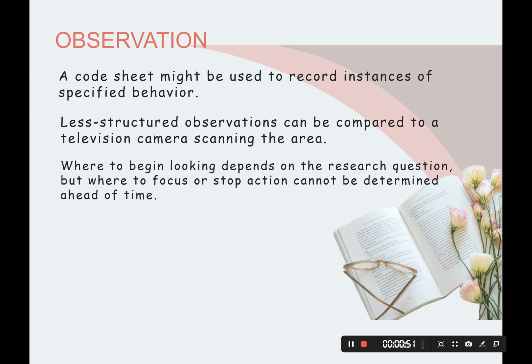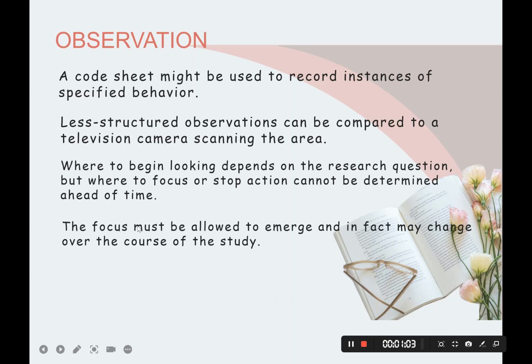And where to begin looking depends on the research question, but where to focus or stop action cannot be determined ahead of time. The focus of observation must be allowed to emerge and in fact may change over the course of study.